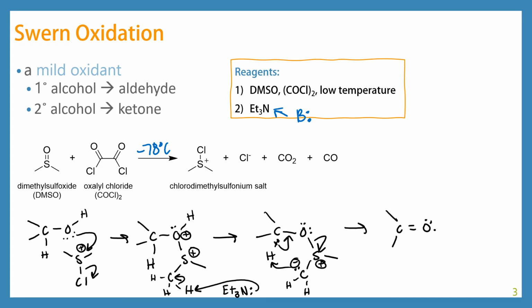So this gives us our ketone, and then also dimethyl sulfide as a side product. So this mechanism is really weird. I'm not going to ask you about this mechanism, but it is cool because you can see how even though these reagents are totally wackadoodle, I think is an appropriate word, it still follows the same mechanism that we just looked at a second ago.